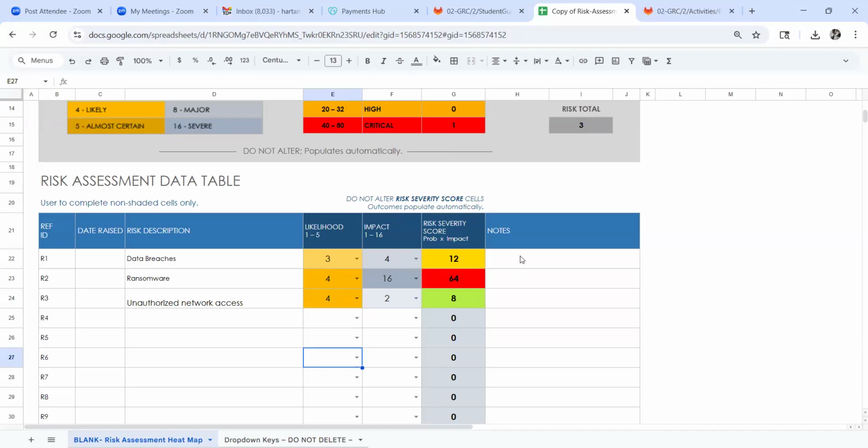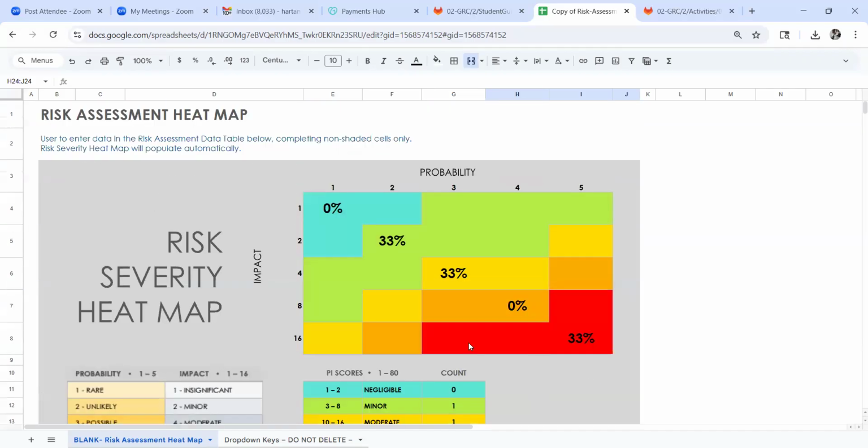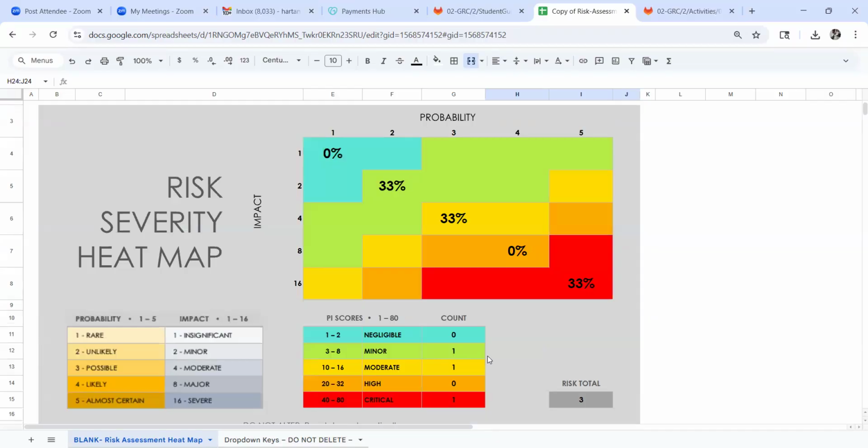And note, you can write down this note. Anything that is a big issue, you can write down. So the score is always 1 to 80. When you give the score, the risk total changes here. Everything is changed in there.